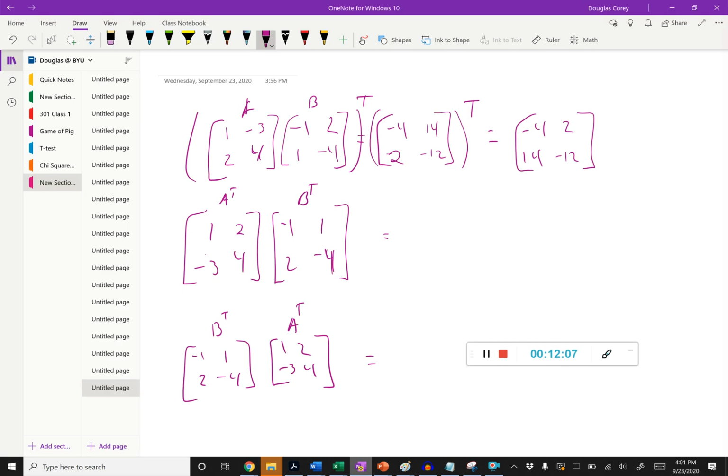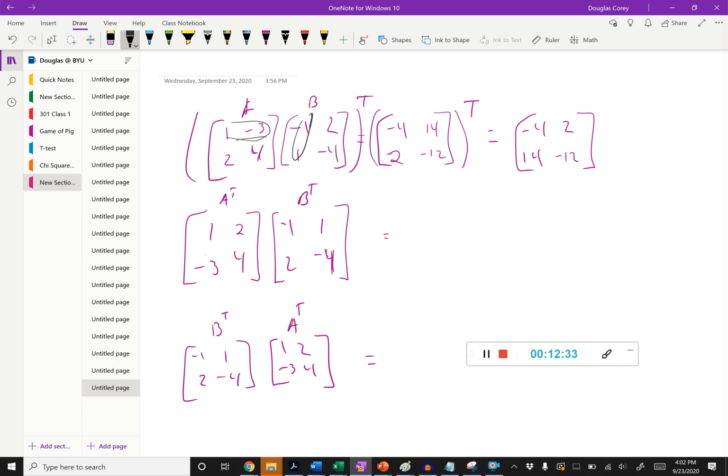So I went over here to the notes page and wrote out some things. We have an A times a B transpose, and I'm going to transpose that whole thing. So I do the product first, and then I can transpose the product. And for the product, I'll take the 1 and the -3, and then multiply it by this column to get my -4. 1 times a -1 plus a -3 times 1.